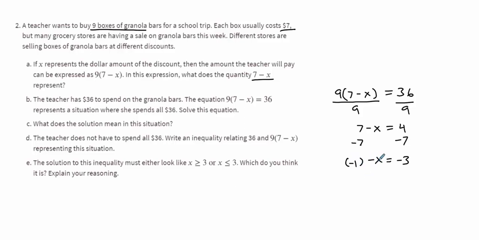And that's going to make my x positive, right? A negative times a negative is a positive. And negative 1 times any number is that number. So negative 1 times negative x is x. But since I multiplied this side by negative 1, I'm going to multiply this side times negative 1. Negative 3 times negative 1 is positive 3, so x is equal to 3.